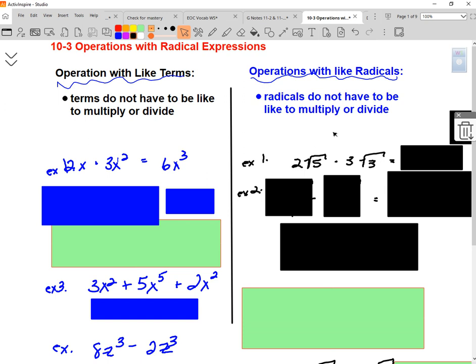So remember, it's coefficient times coefficient. Now this was variable times variable, but this is going to be radical times radical, right? So what is 2 square roots of 5 times 3 square roots of 3?